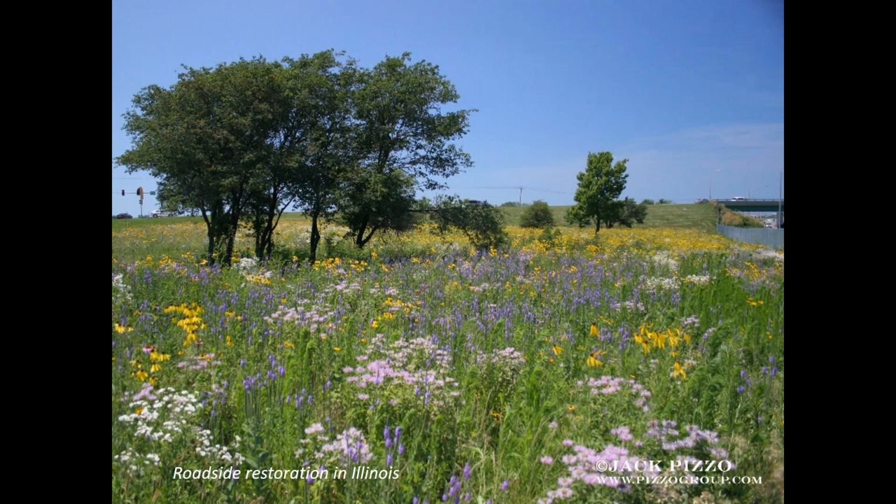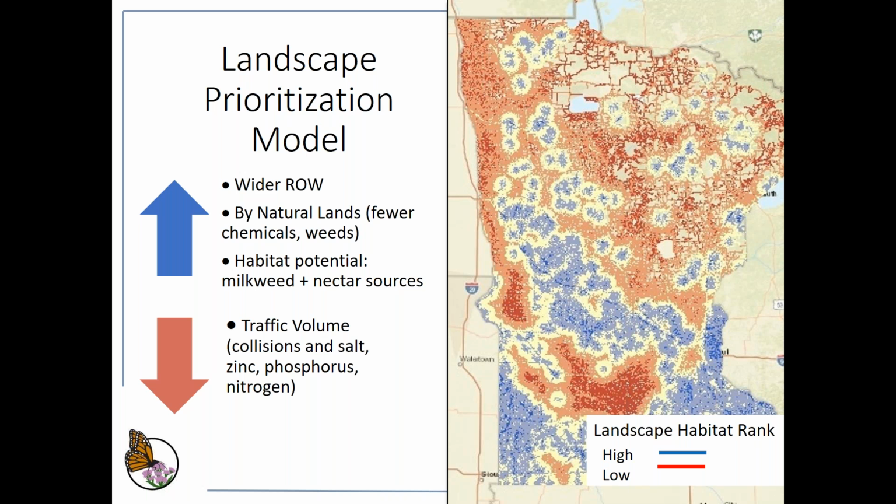So if you're thinking about trying to plant a site like this, beautiful restoration, you might be thinking, well, where should we place that? What are some of the factors that we might think about if in our system we've got the cash to maybe do this once this year or several times? And so that's kind of where this landscape prioritization model comes in.